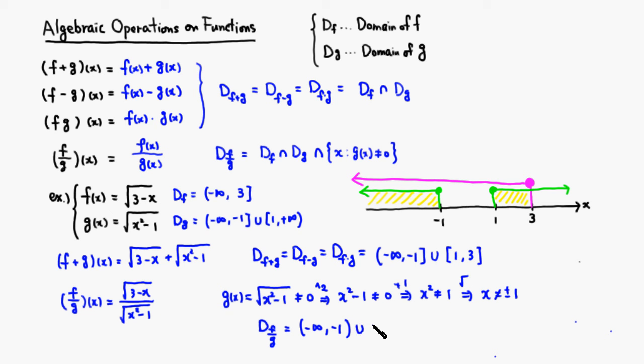The same way, we use a left parenthesis to exclude 1, but the 3 is still included. So this is the domain of the first three, and this is the domain of f over g. That's it. I hope that this was clear.